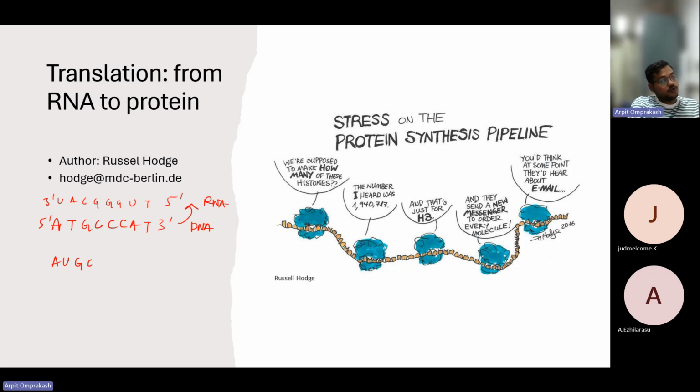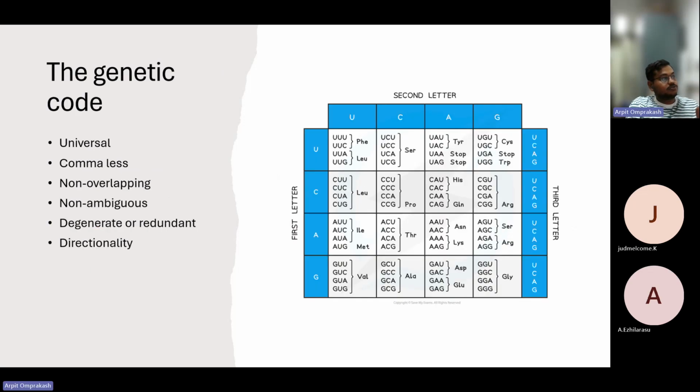But how do we translate this ATGC into proteins? This is called the genetic code. We have three bases that code for a given amino acid. So the first letter of these is U, the second letter is U, and the third letter is U here.